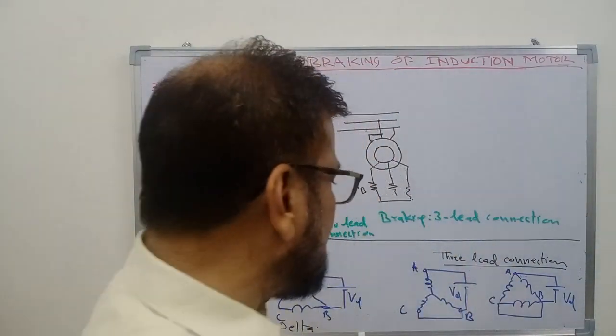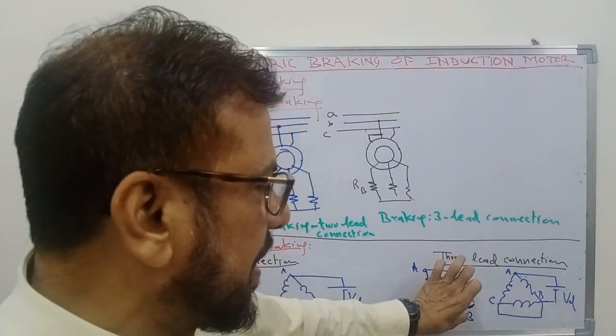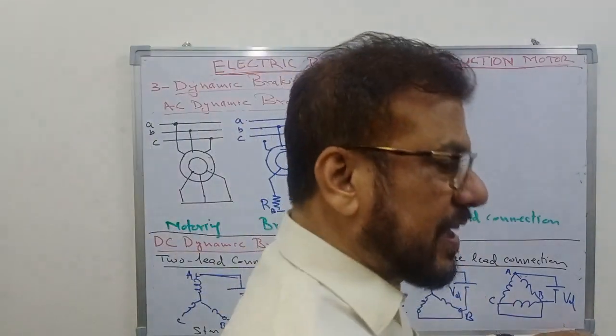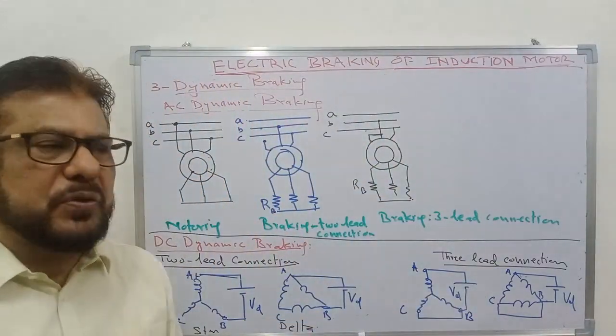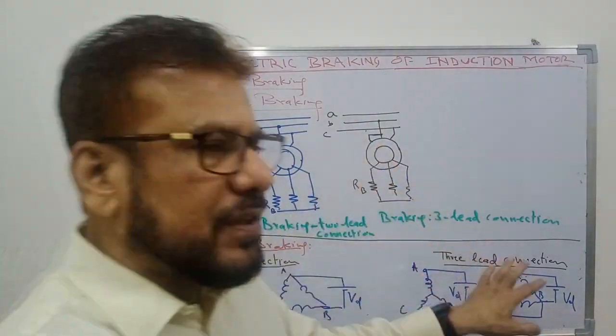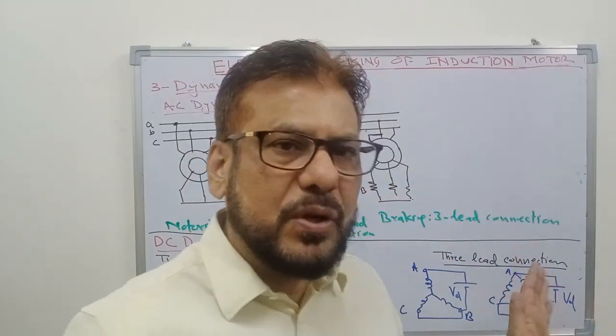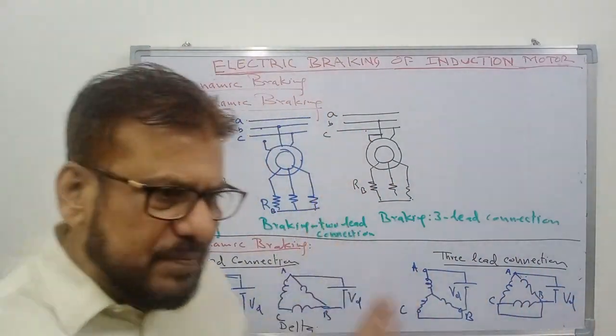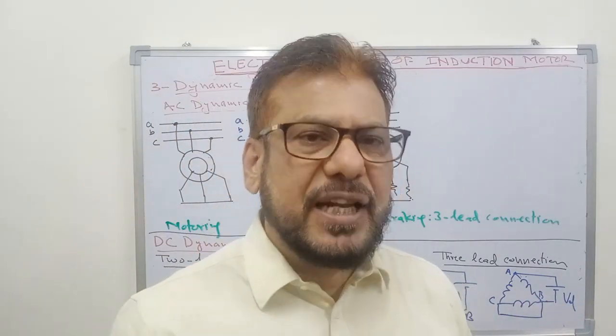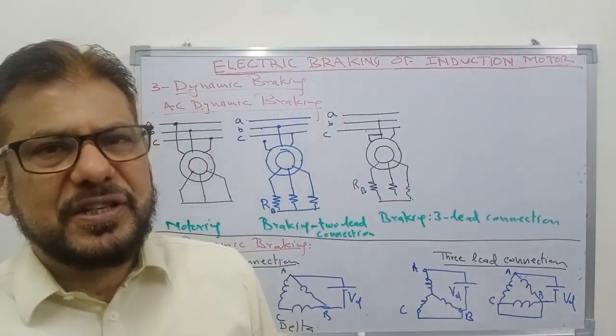The supply is given between terminals A and B. Likewise in the delta connection also. And it can be shown that the torque produced in 3-lead connection is higher as compared to the torque produced in 2-lead connection. So this is a brief description of the dynamic braking of induction motor.